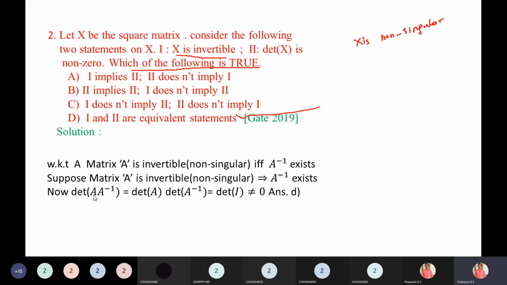Determinant of AB is determinant of A into determinant of B. From that, A into A inverse is I, it is not 0. So determinant of A cannot be 0. That means A inverse exists means determinant of A is not equal to 0.